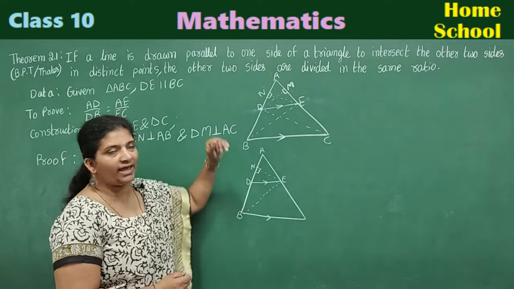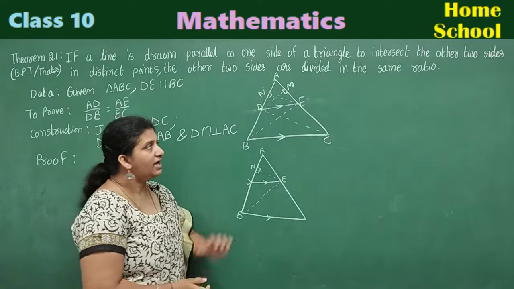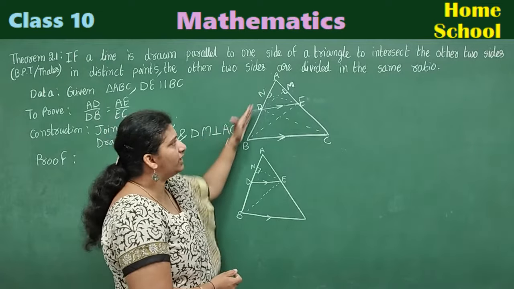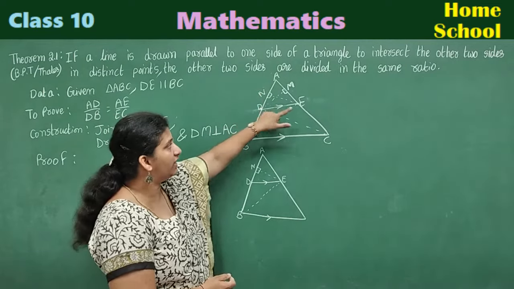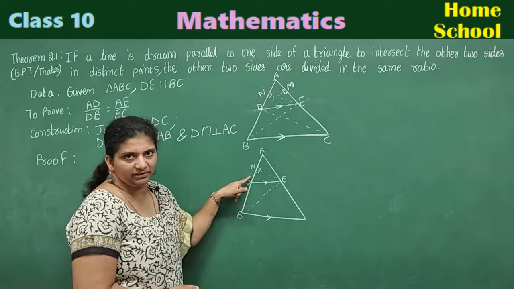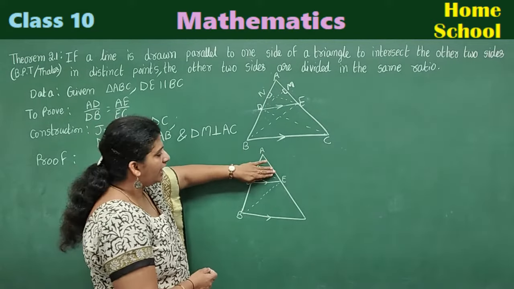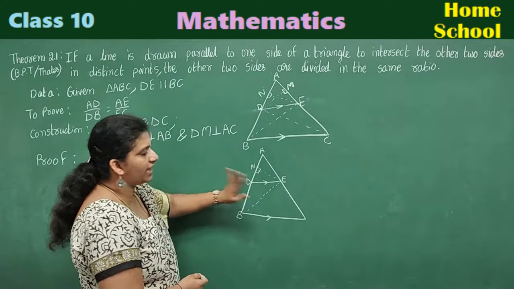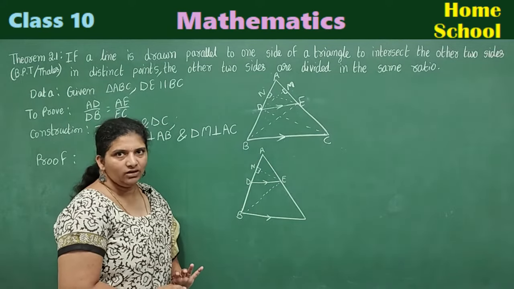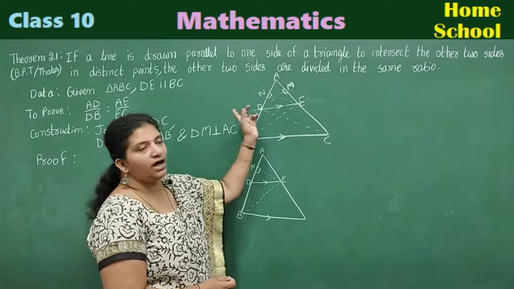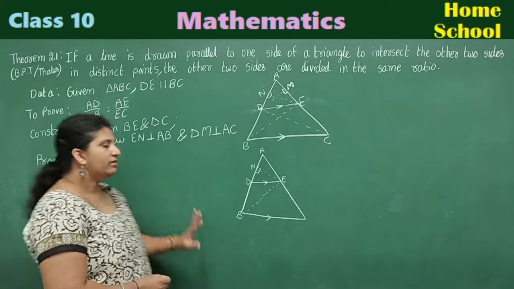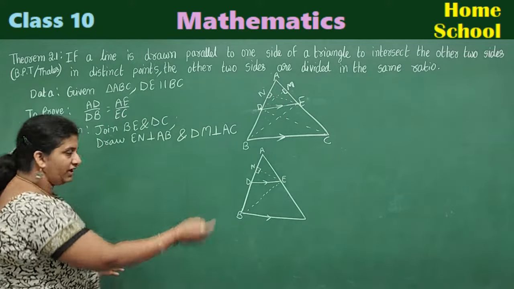Or if you want, you can observe from this figure itself. I need only the perpendicular on this line. What is perpendicular? EN is perpendicular. Right? I am going to consider the triangles ADE and the triangle BDE. Okay? So I am not taking another perpendicular. See the figure, observe carefully.